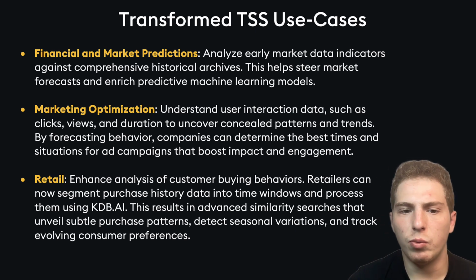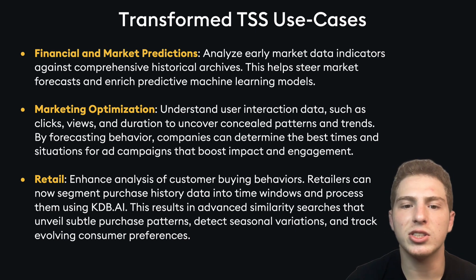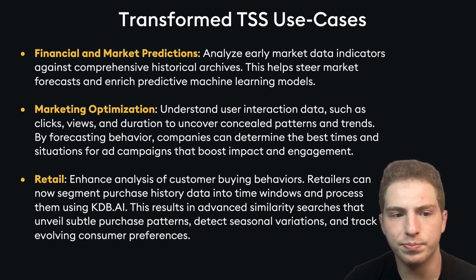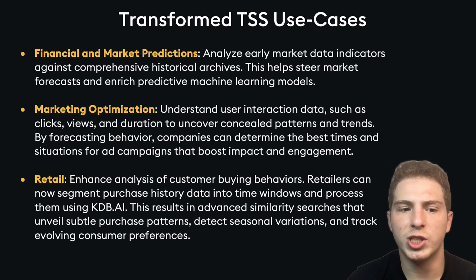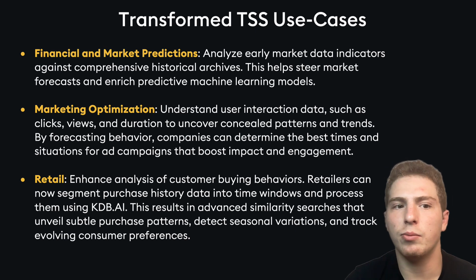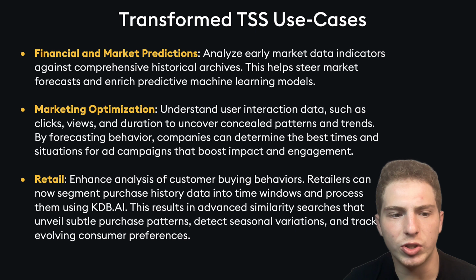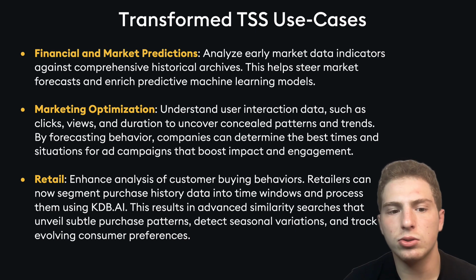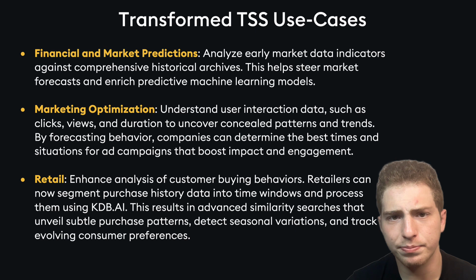For retail, we could use transform TSS to enhance our analysis of customer buying behaviors. Let's say you're a retailer and you've segmented purchase history data into time windows and processed them with KDB.AI. Well, then you can use similarity searches to unveil subtle search patterns. You could detect seasonal variations.